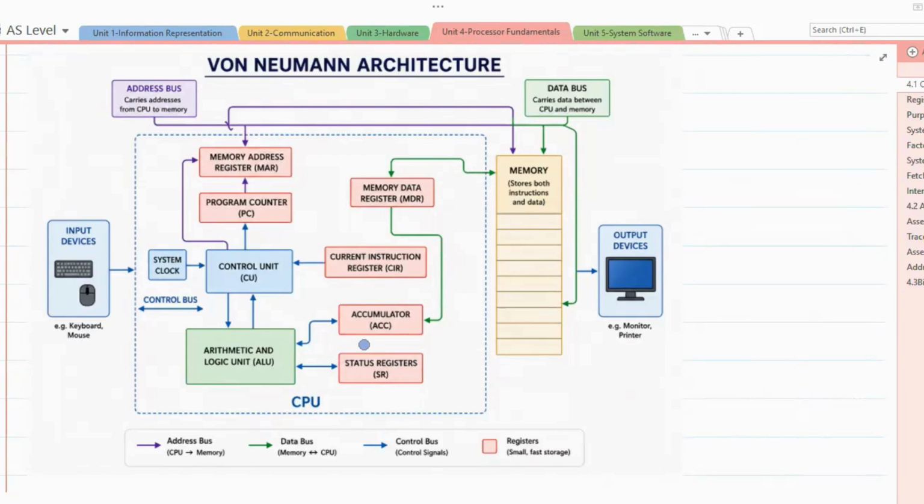Then there are input devices, output devices, and buses: the address bus, data bus, and control bus. We'll learn about all these components in later videos. However, as of now, what you need to understand is that as per von Neumann architecture, a CPU, a processor, is required, the CPU should have direct access to memory, and there is a stored program concept, of course.